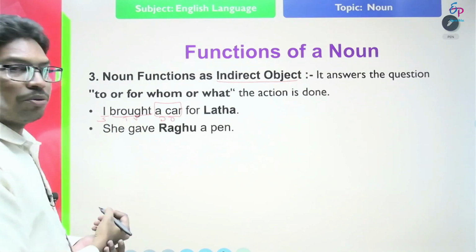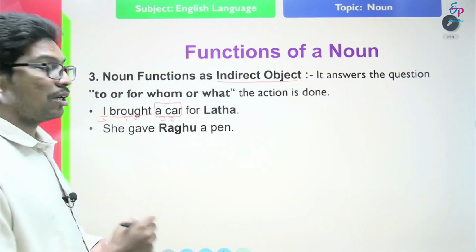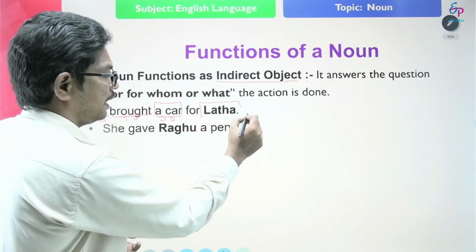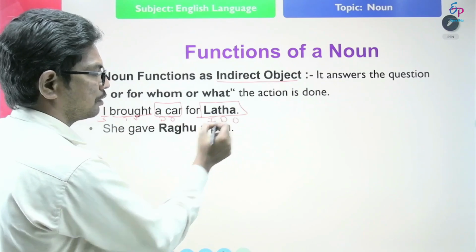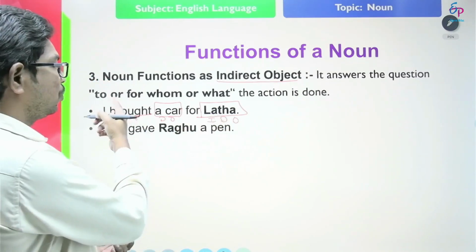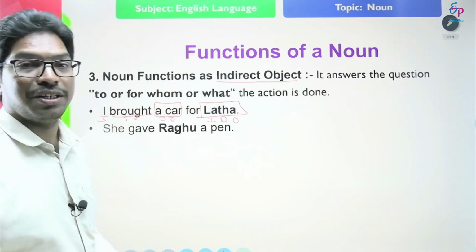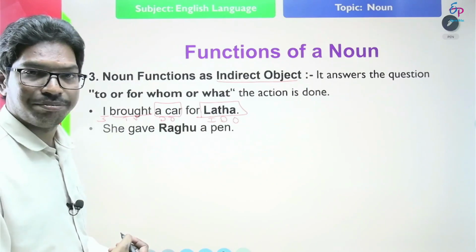So for whom did I bring the car? Lata. Lata is called indirect object. What is indirect object? It answers the question to or for whom the action is done. So the action is done for whom? Lata. Lata is indirect object here.